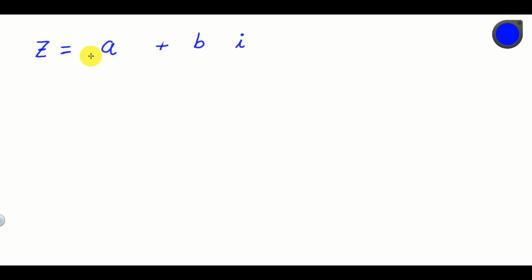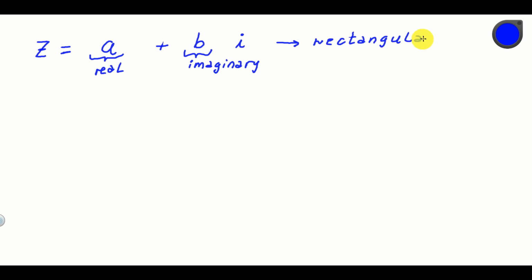That is, this is the real part, and this is the imaginary part. This form of the complex number is called the rectangular form. So keep in mind, rectangular form. This is very important to keep in mind.